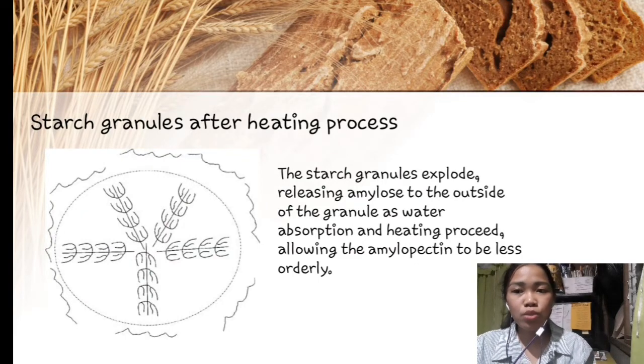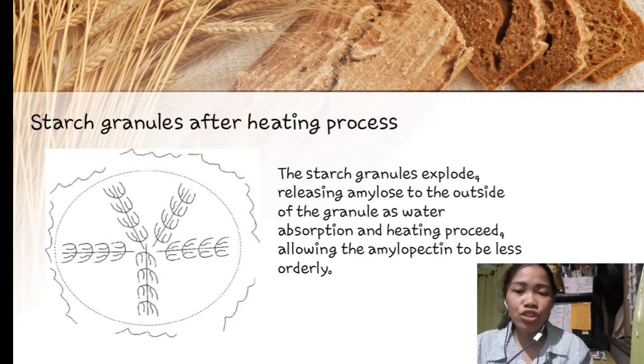This happens when the temperature of a starch slurry is above the gelatinization temperature, which is 62 to 70 degrees Celsius for cornstarch and 59 to 67.5 degrees Celsius for potato starch.